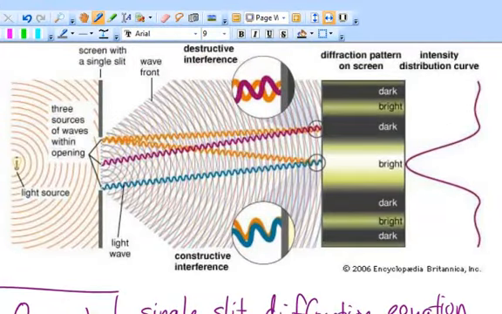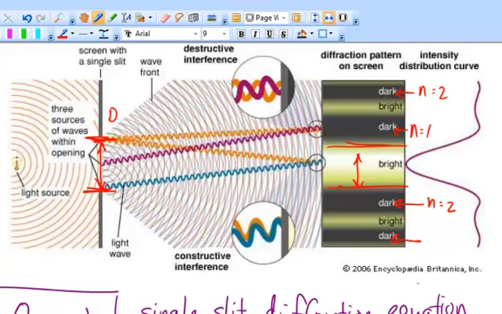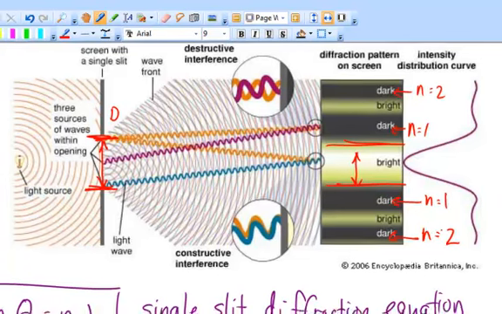The slit width, indicated in red here, is equal to D. This central maximum right here is wider than the central maximum that occurs for Young's double slit, and then we have n equal to 1 corresponding to the dark fringes, and then you count up, n equal to 2 for each of the other dark fringes, as opposed to m equal to 1, 2, 3, and 4 for the bright fringes in Young's double slit.